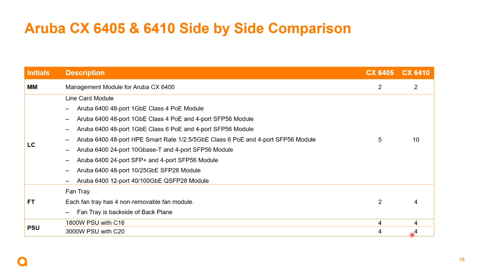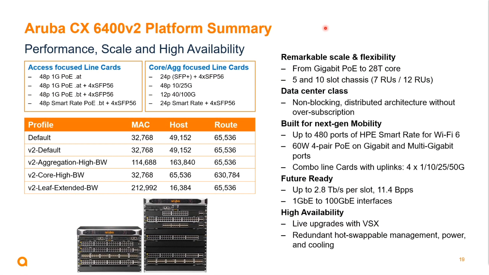So drawing to a conclusion on this 6400 V2 platform, I've covered performance, scale and high availability. We know that now we have 8 new line cards, specifically focused 4 on the access and 4 on the aggregation, providing us with much better scale.